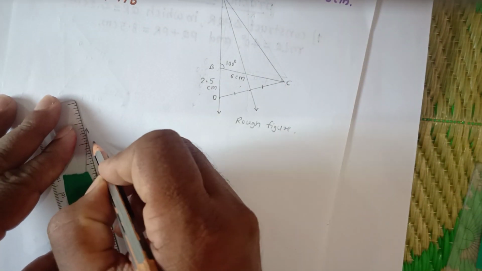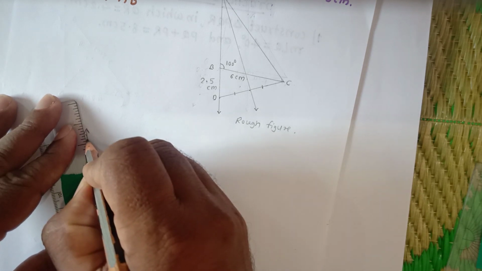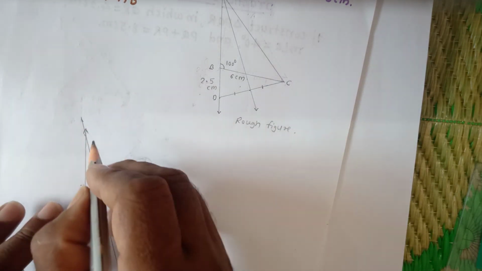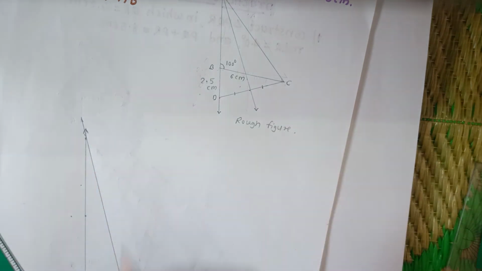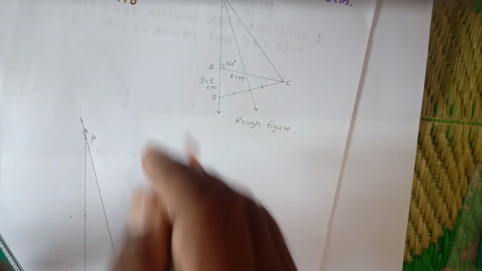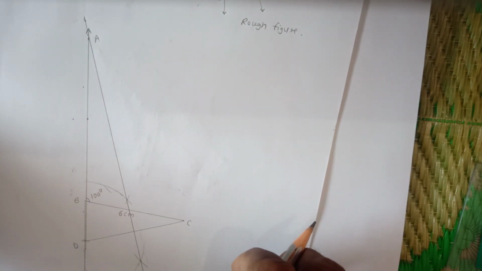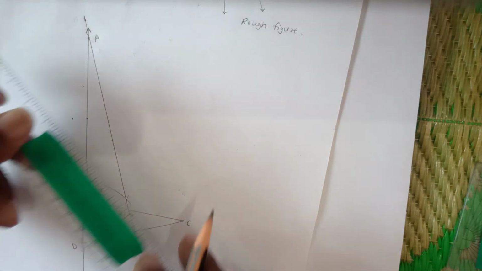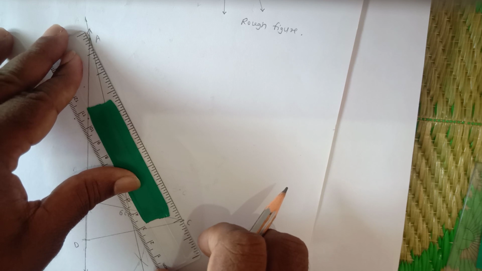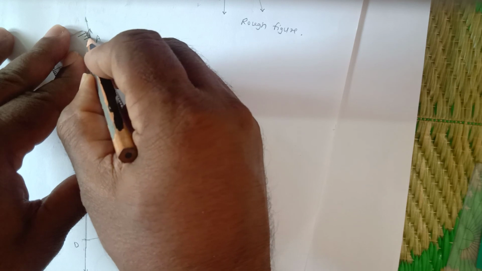It will meet with this ray, and this is the point of intersection of these two rays, and this point is point A. Now join point A and point C. Join these 2 points.